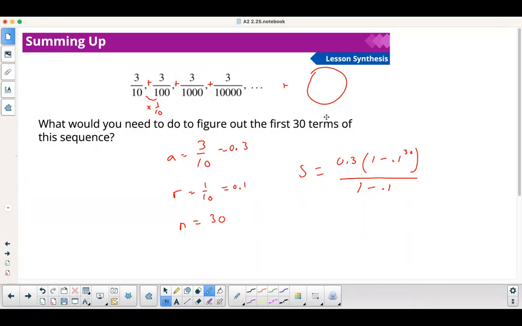So go ahead, let's type that into our calculator, and let's see what we get here. 0.3 times... And I got 1/3.